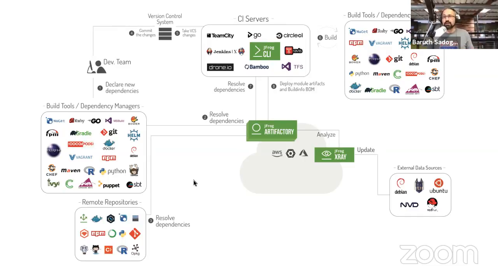We might plug into your CI server, in the case of a Jenkins plugin, for example. We might plug into your build tool, in the case of a Maven plugin or Gradle plugin. Or you might use the JFrog CLI, command line interface, to collect this information during the build and provide it to Artifactory together with the artifact.